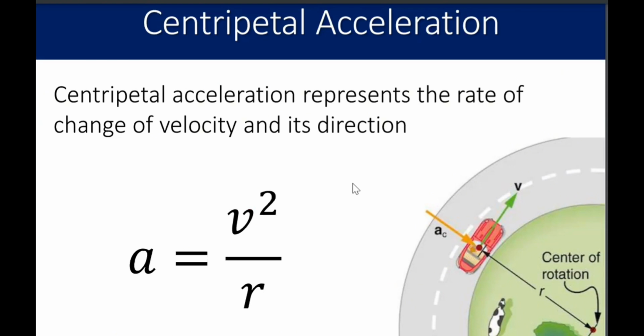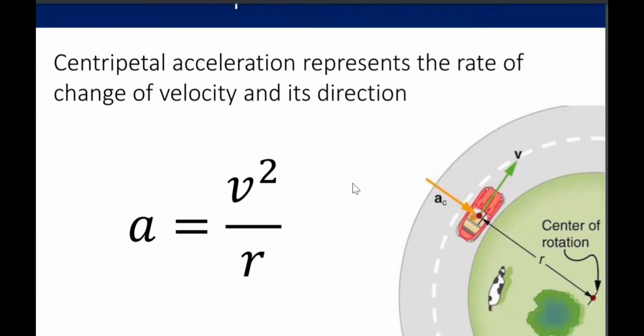If it's going direction 1, which is a positive velocity, and then goes to direction 2, which is a negative velocity, there is a change in direction, hence a change in velocity, hence we have an acceleration. So to find centripetal acceleration, our formula is v squared over r.